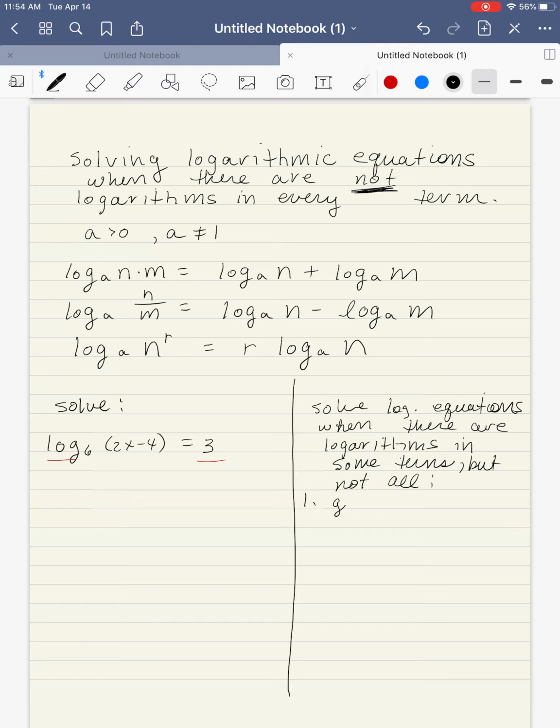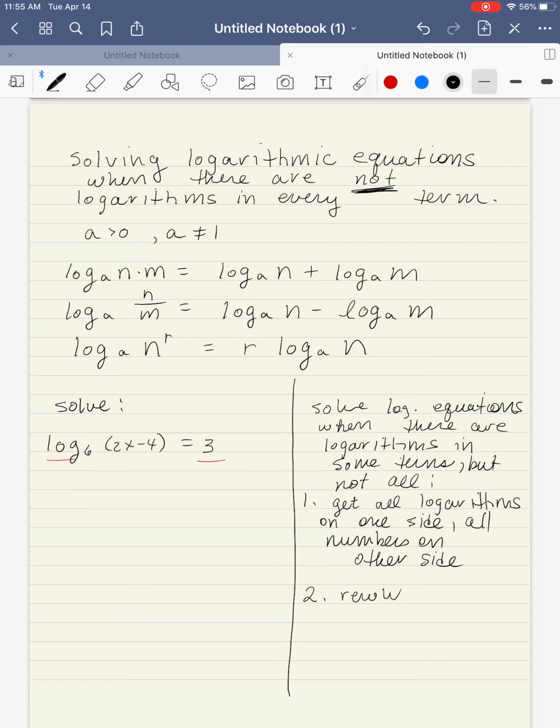Our first step, which we don't actually have to do on this one, but our first step is going to be to get all logarithms on one side of the equal sign, and all numbers on the other side. And this one already has that.